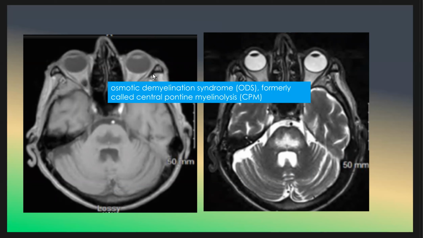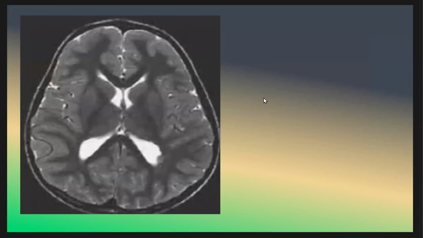This is the new name, osmotic demyelination syndrome, and the previous name is central pontine myelolysis. We move to the next case.